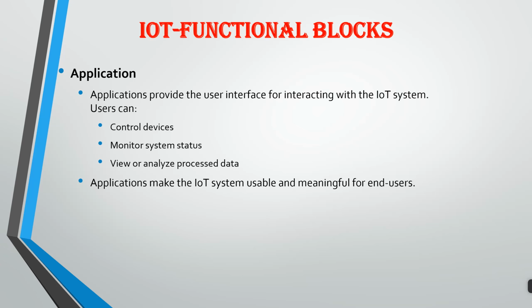I would give my own experience. I have a Baleno car wherein I have an application software called Maruti Suzuki Connect. I can control my car using that particular app. I can monitor the status of the system. I can see where the car is and what the condition of the car is.